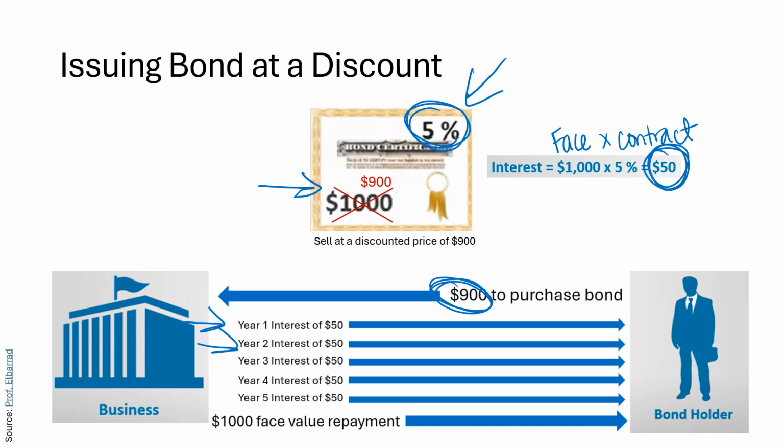Year 2, 3, 4, 5. Then when it comes to repayment, the full face value is repaid. So even though the bond was issued at a discount to incentivize bondholders or investors to purchase this bond, it doesn't matter what they initially paid. It will be the face value that is always repaid at maturity.